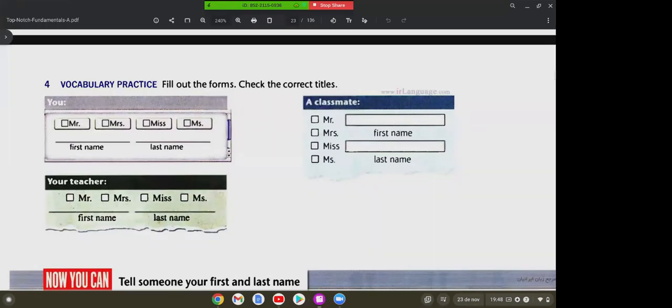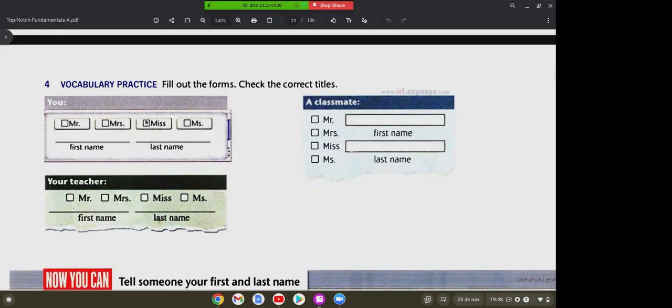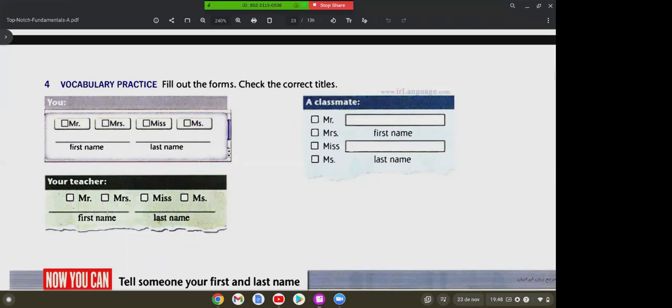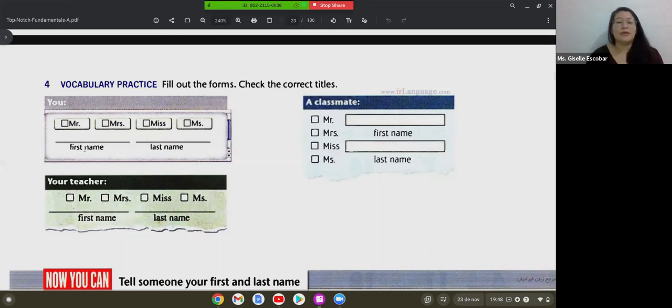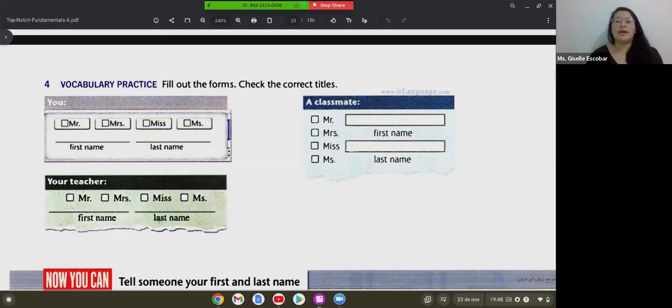My first and last name is Brian Acevedo. What about your title? My teacher's first and last name is Giselle Escobar. Awesome. Miss Giselle Escobar. Perfect. Me, Mr. Brian Acevedo. Classmate is Miss Erika Canjura. Okay. Perfect.